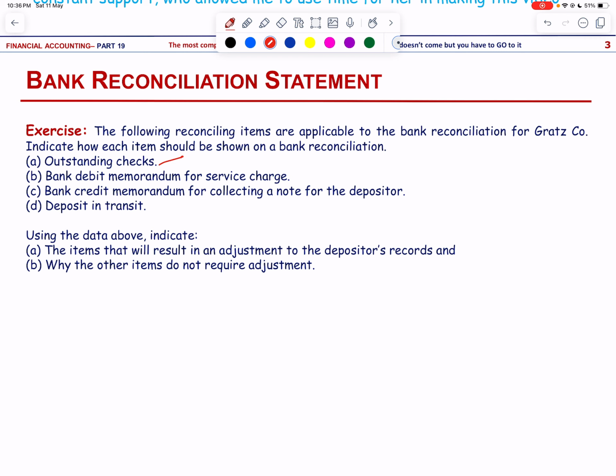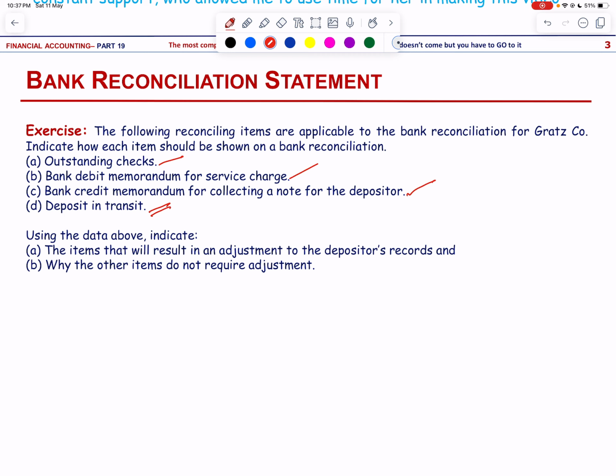Bank debit memorandum for service charges should be deducted from the cash balance per books. Then bank credit memorandum for collecting a note for the depositor has to be added to the cash balance per books. Then deposit in transit is added to cash balance per bank.